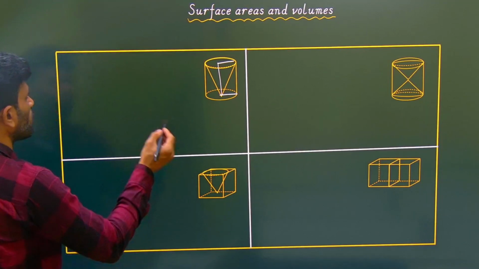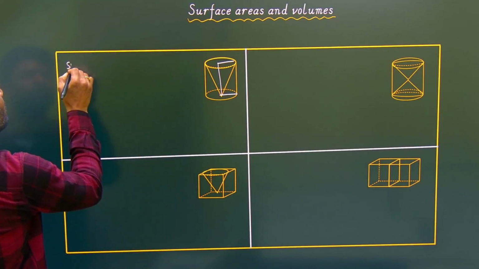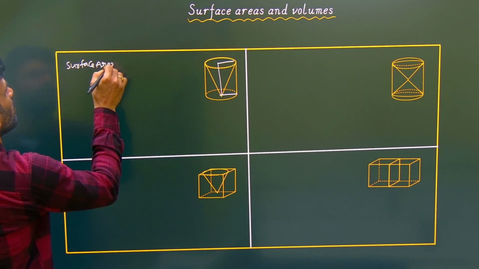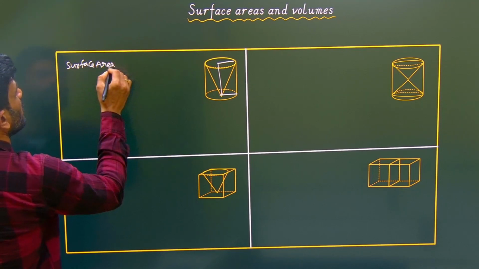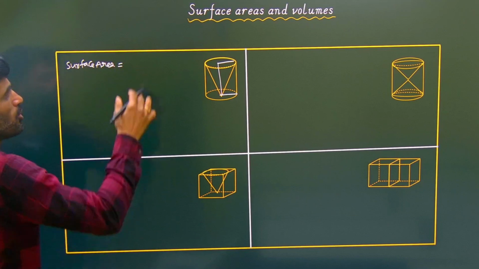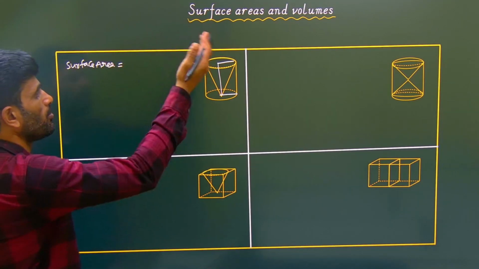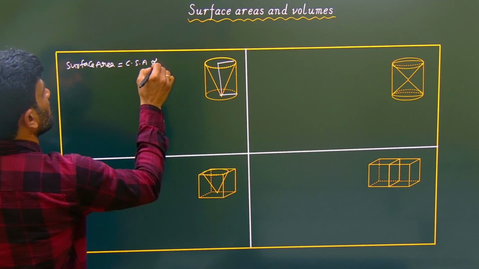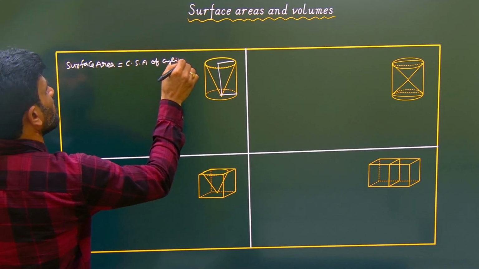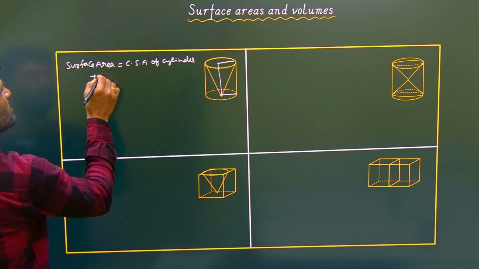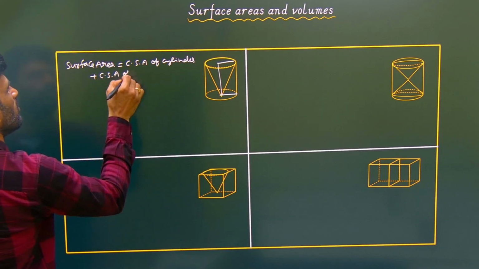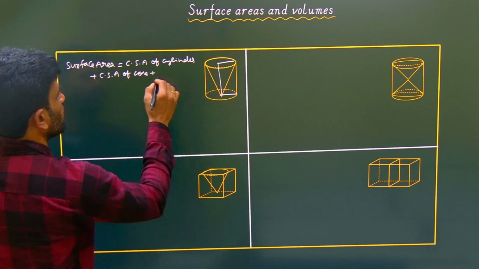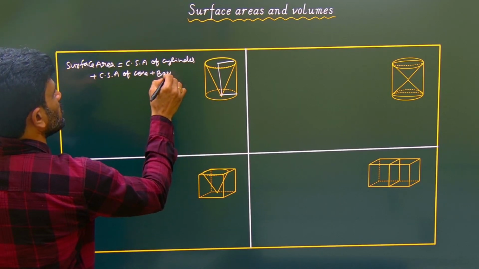If it is a solid cylinder, what happens? We want surface area here. Because you are removing the cone, there will be no top, only the CSA of the cylinder will be left, plus the CSA of the cone we have to consider, plus base area also we have to take because we are considering it as solid.